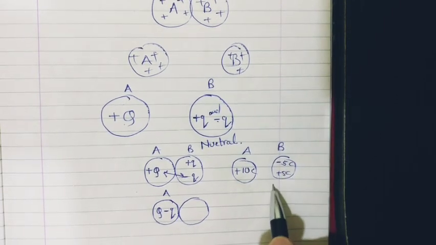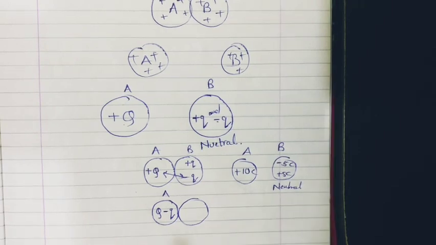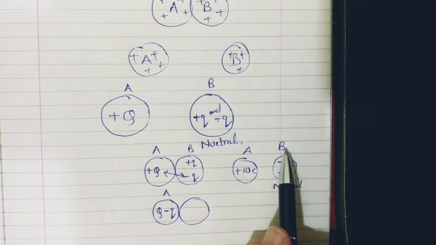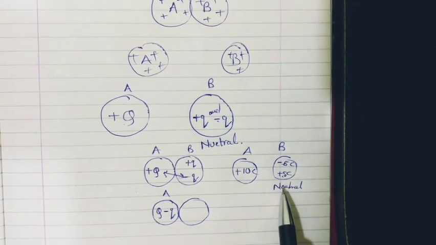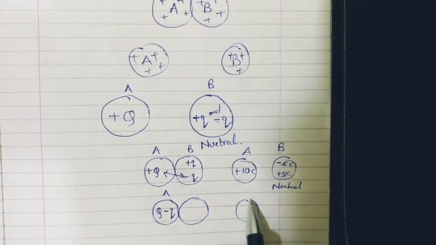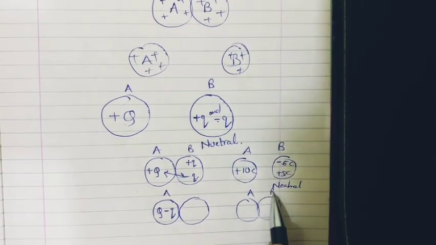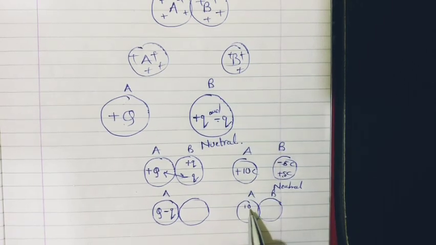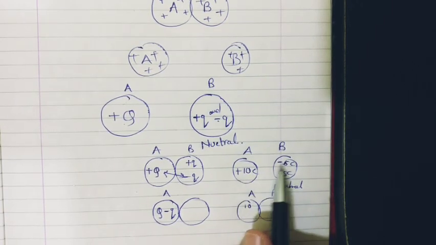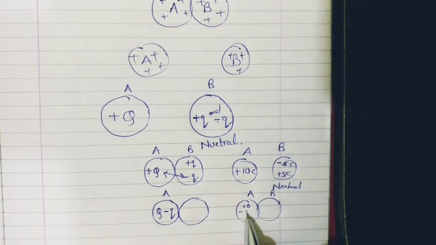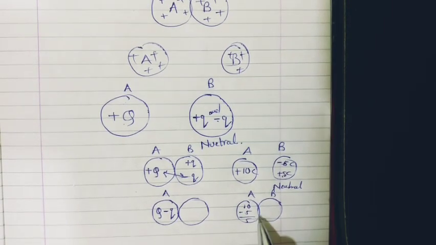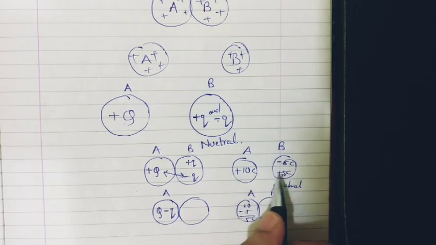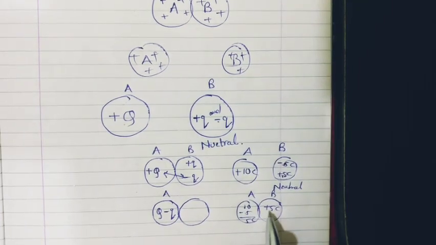Therefore we call it a neutral body, because plus 5 and minus 5 cancel out each other, the net charge is 0. Once I get these two bodies in contact with each other, the negative charge will quickly come near the positive, because unlike charges attract each other. So 10 minus 5 will be 5 coulombs here, and the positive and positive will repel and they will continue to stay on this side.